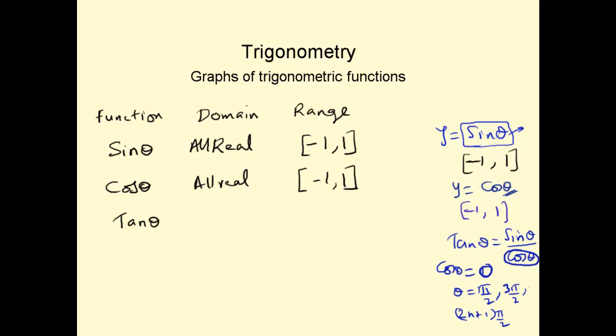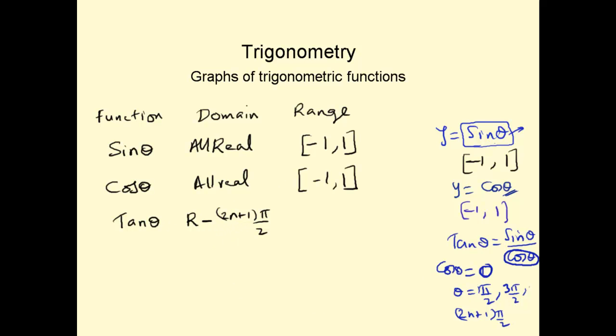So tangent theta can take all values of theta except, so all real, or let's put R, minus (2n plus 1) pi by 2, or except when theta is equal to (2n plus 1) pi by 2. So it can take these values in here.